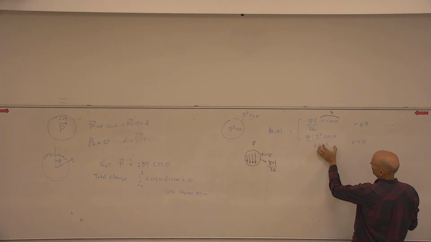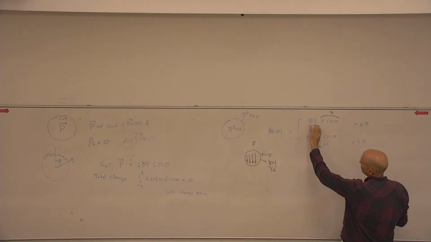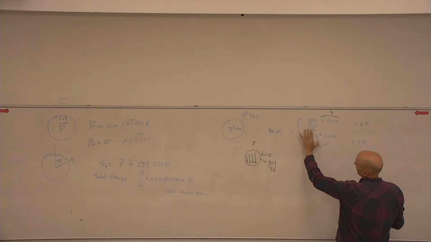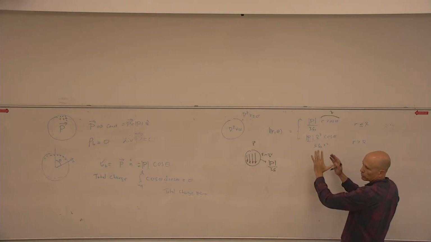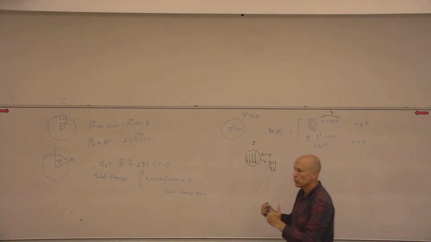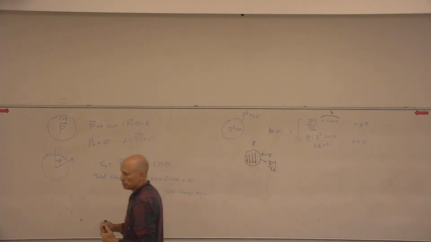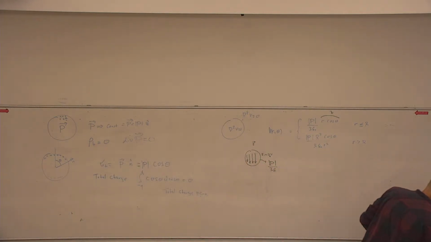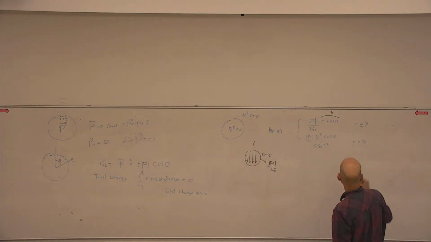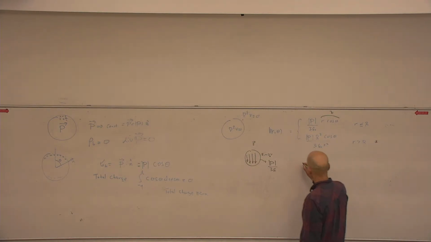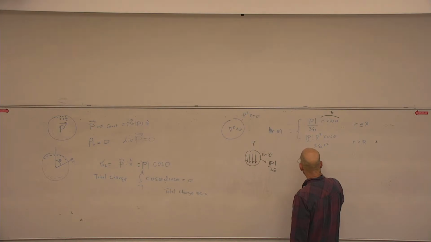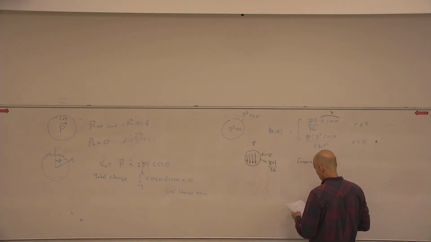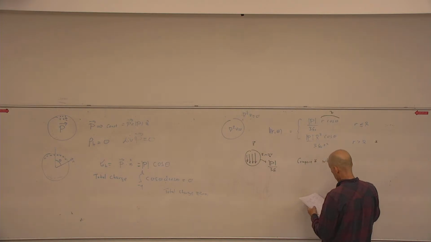It's like the dipole potential, but now we know what the dipole strength is, the effective dipole strength outside. So let us just remember, compare this one with the equation we had before.